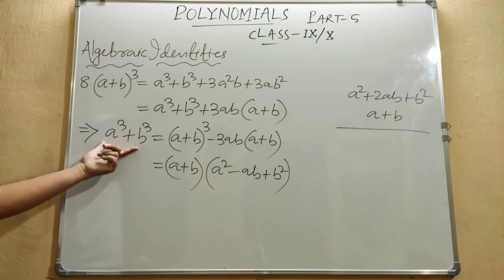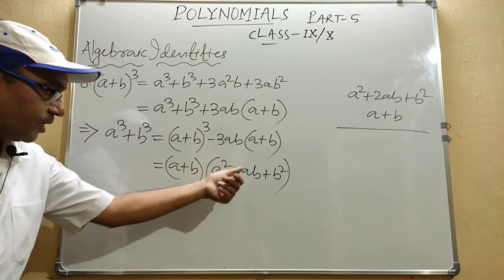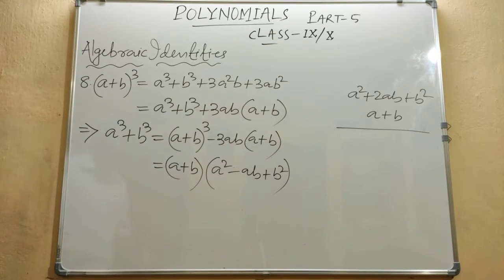So you must remember a cube plus b cube can be written as (a + b)(a square minus ab plus b square).